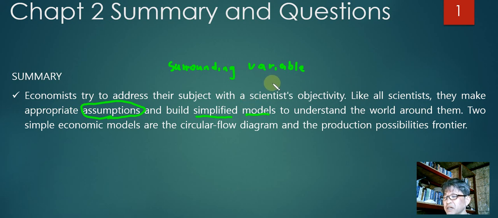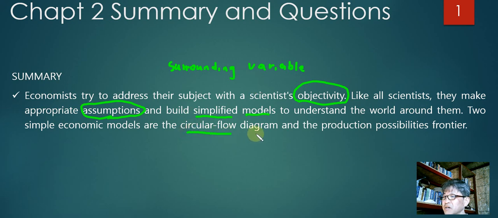Economists also follow a similar method, a scientist's objectivity. So we have already studied the method of approaching the problem, right? Among these assumptions, we have also learned two basic economic models.